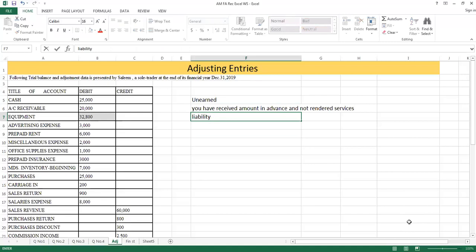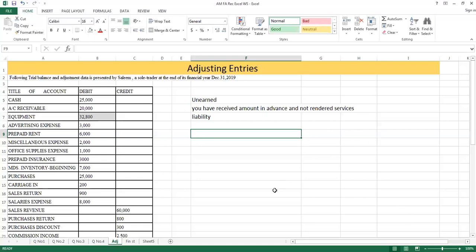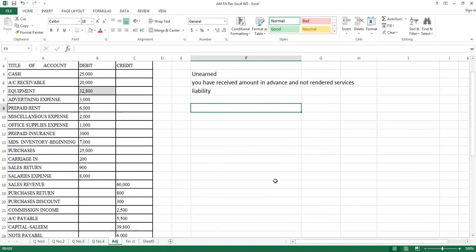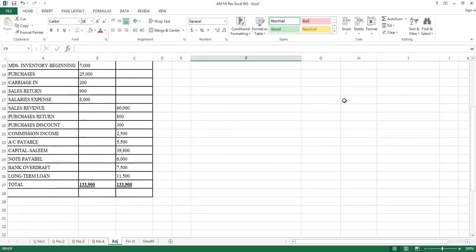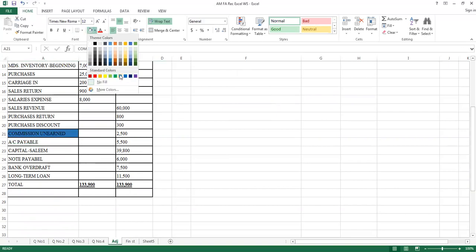Sometimes it is possible that we have already received the amount and put it as income. But right now I am giving you a simple transaction. Just assume that this amount is given.